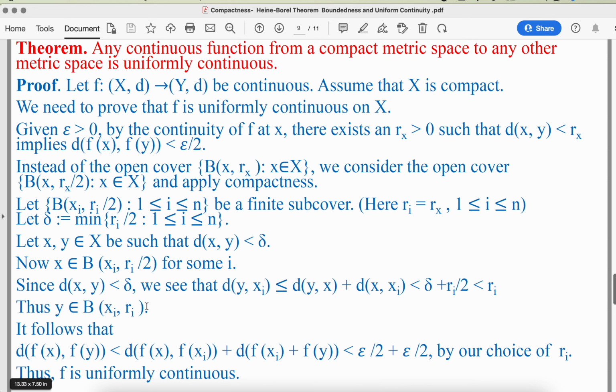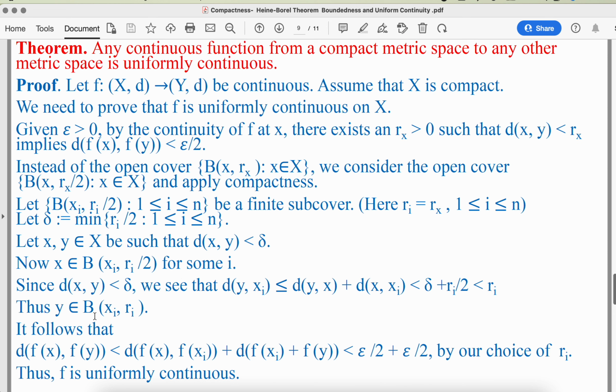Now again using the triangle inequality we get distance of f(x) from f(y) is less than distance of f(x) from f(x_i) plus distance of f(x_i) from f(y). This is less than epsilon by 2 plus epsilon by 2 by our choice of r_i.